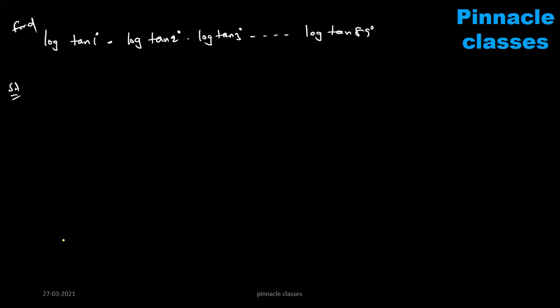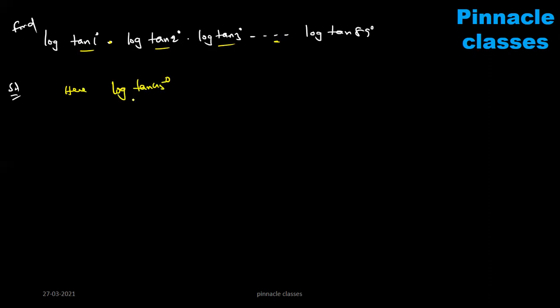See the question carefully. Logarithm of tan 1 degree into logarithm of tan 2 degrees, and so on up to, how many terms are there here? In this case, tan 1, tan 2, tan 3, and so on, the middle term is logarithm of tan 45.